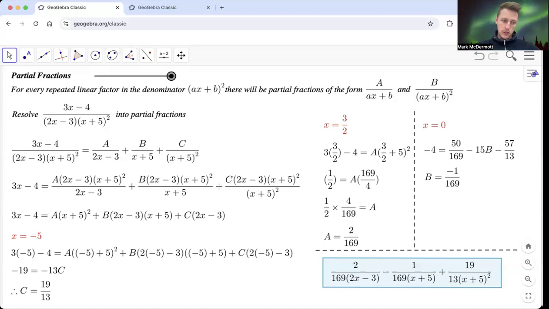Okay, so just recall that if it turns out that your A, B, and C values are fractions, then you just need to write them as fractions in your final answer like that. So hopefully that explains a little bit about how to do a partial fraction when you've got repeated linear factors in the denominator.